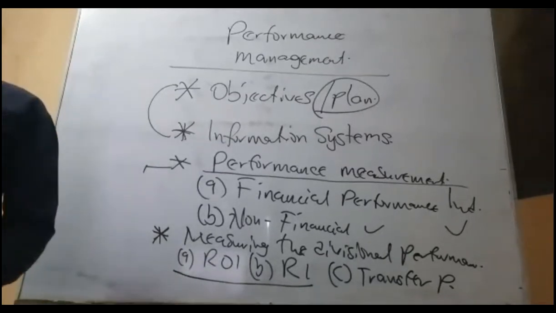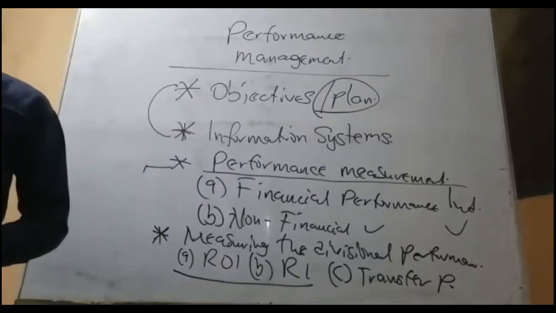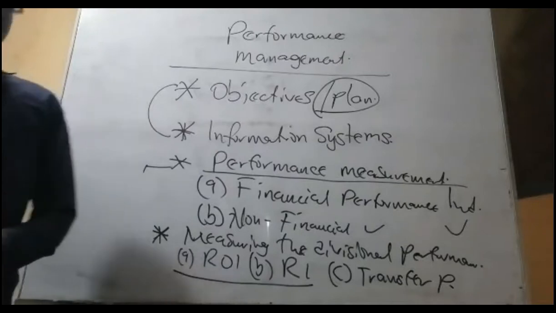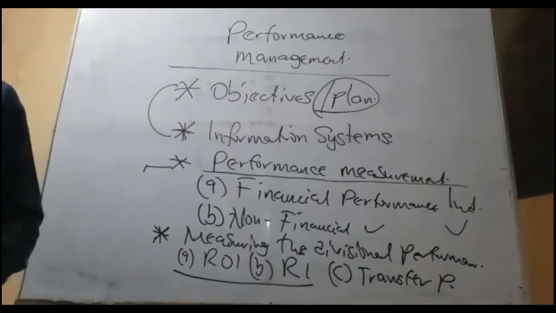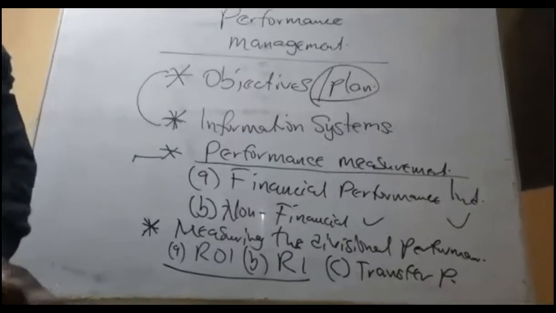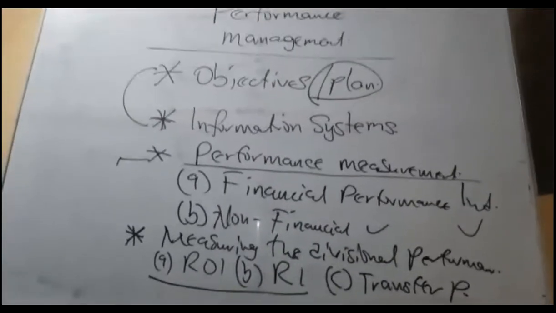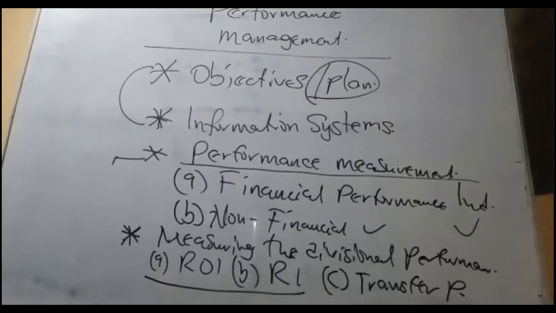The measurement must be what? Relevant. Not that everybody is measuring the performance. If you start measuring the organizational performance, no. It must be in relation to the situation at hand. Good.